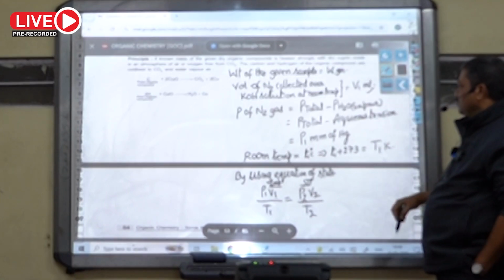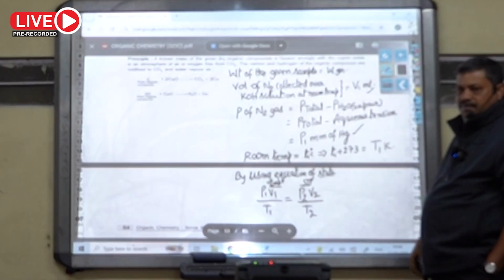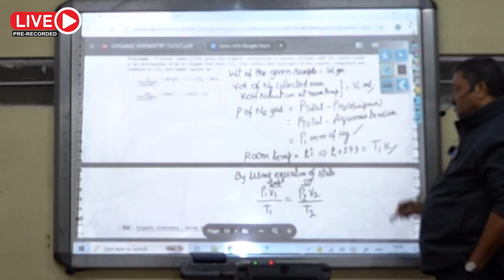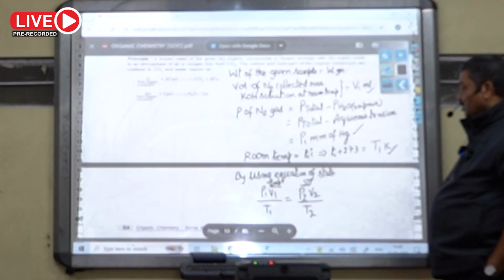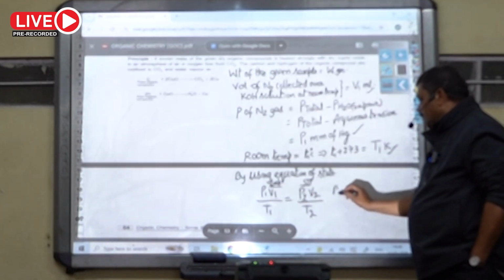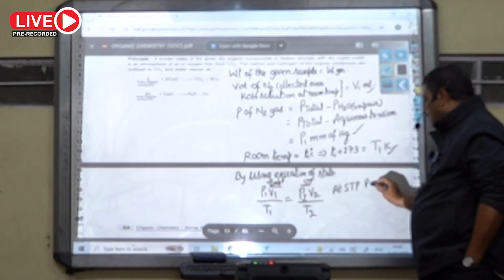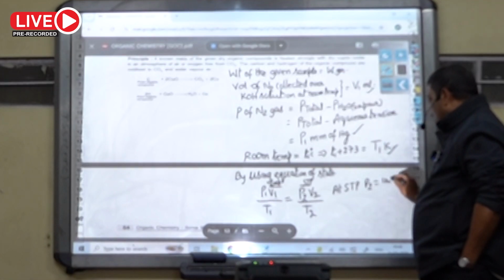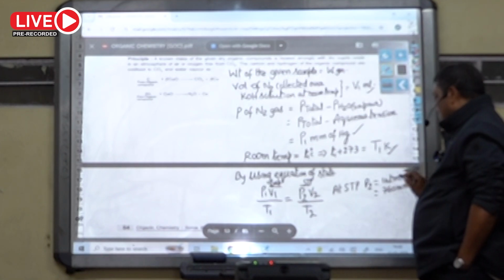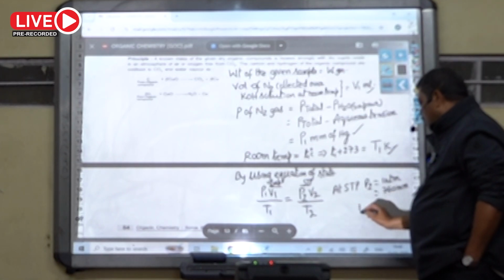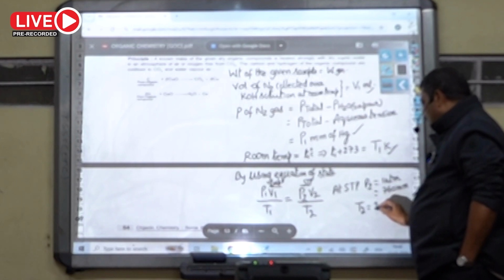Already you know how much volume of N2 collected. V1 you know. You already know P1. You already know T1. You know at STP, P2 is equal to 1 atmosphere, that is equal to 760 mm of Hg. At STP T2 you know 273 Kelvin.